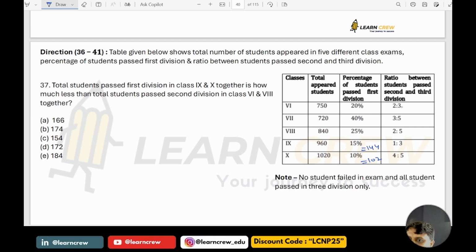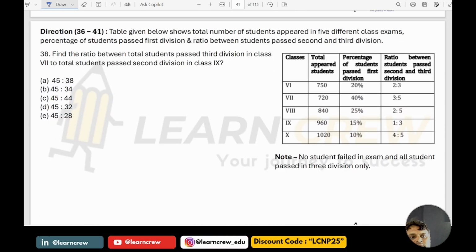Class 6 second division is 240, and class 8 second division is 180. So 240 plus 180 is 420. So 420 minus 246 is 174. So the answer is option B. Option B. Next question number 38.